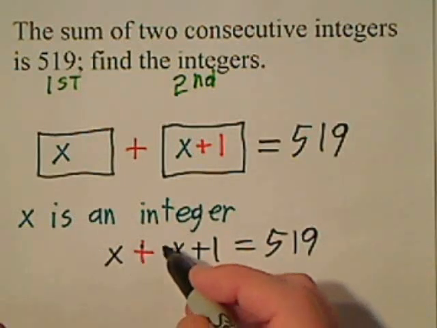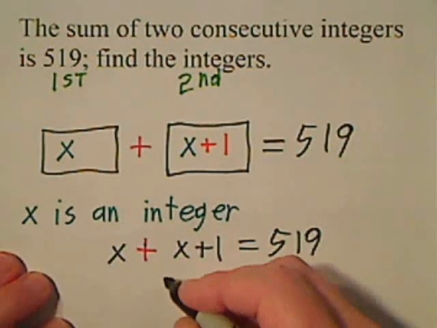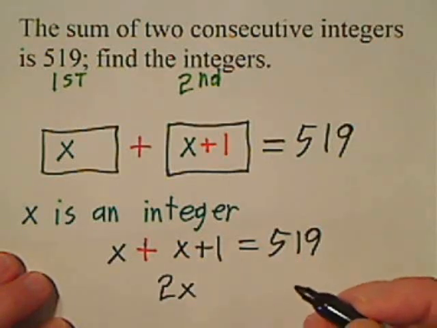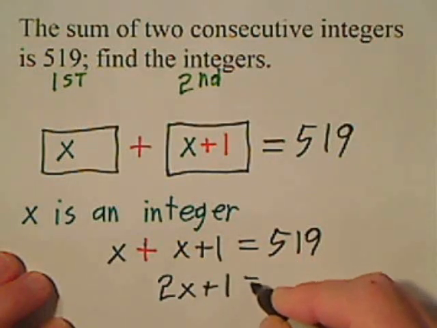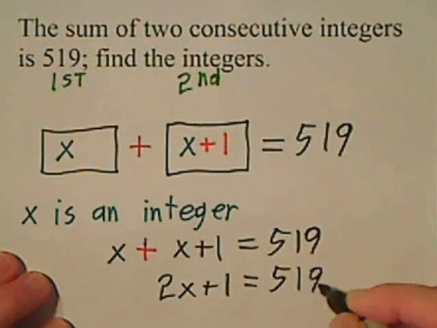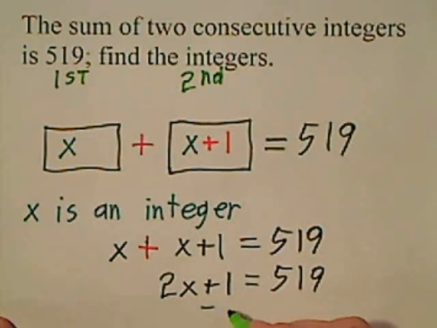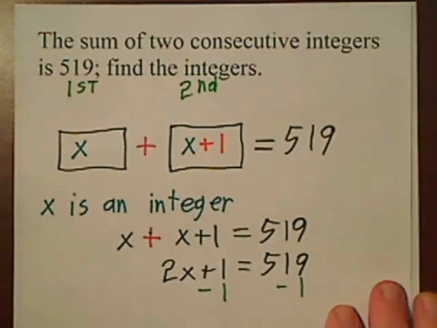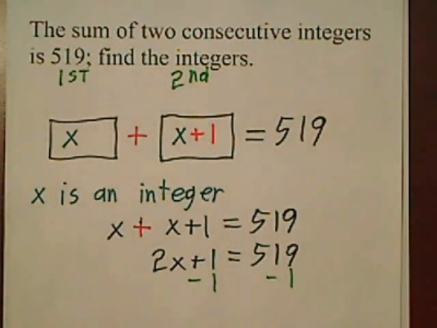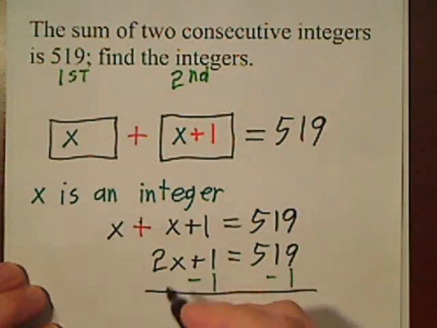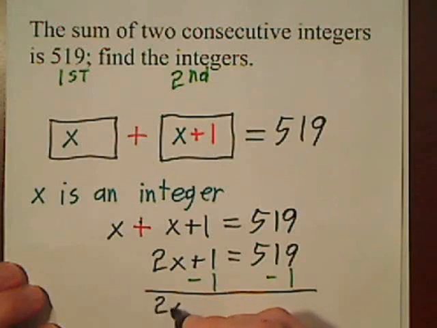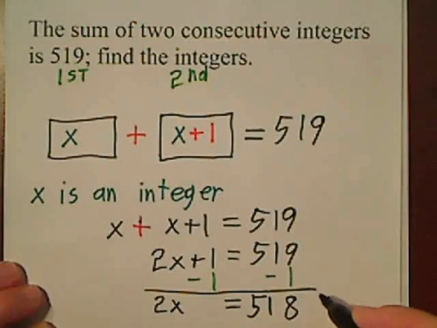Remember, there's a 1 in front of each x, so when I combine like terms, I get 2x plus 1 equals 519. Now, get rid of this 1. And we have 2x equals 518.